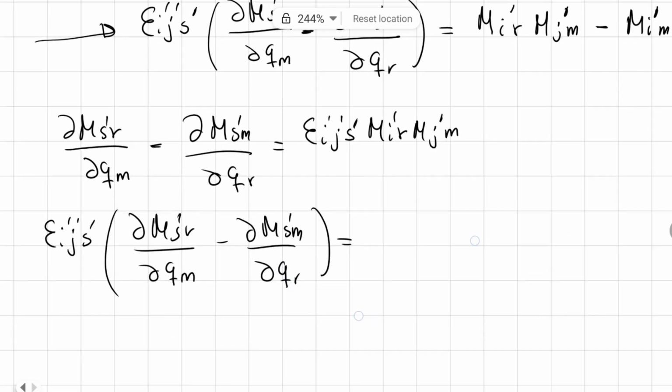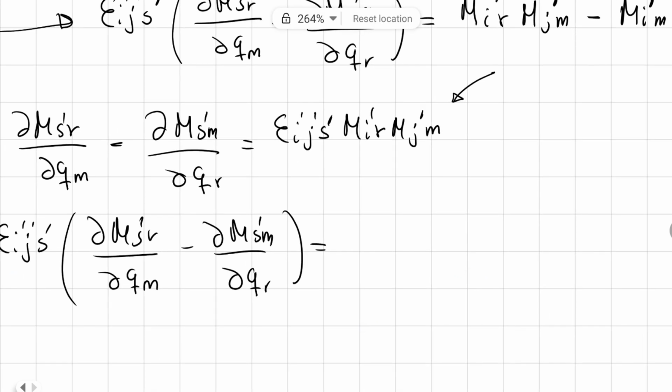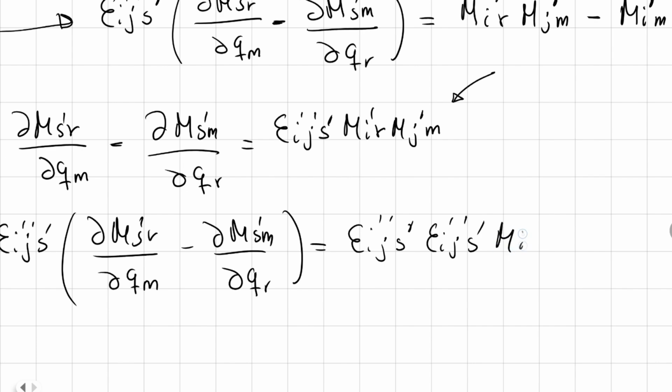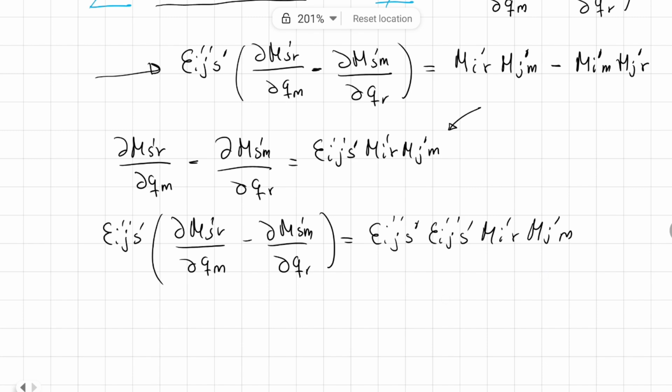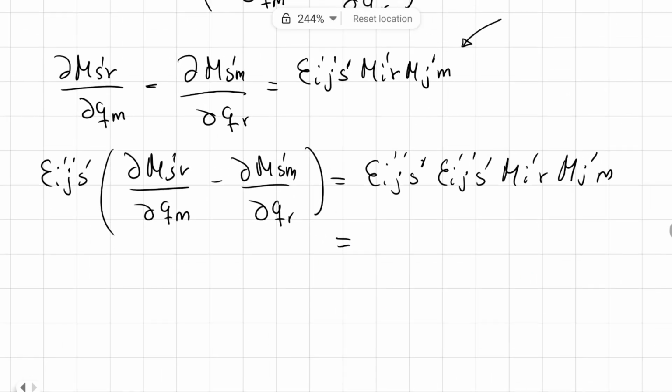And here, you might say, if we multiply by this Levi-Civita symbol in this expression over here, we will be repeating the I index and the J index more than twice. So that will be illegal in index notation. We will get something like this. EIJS, EIJS, MIR, MJM. Okay? Yeah, but that is wrong. You know that is wrong. So, what are we going to get?